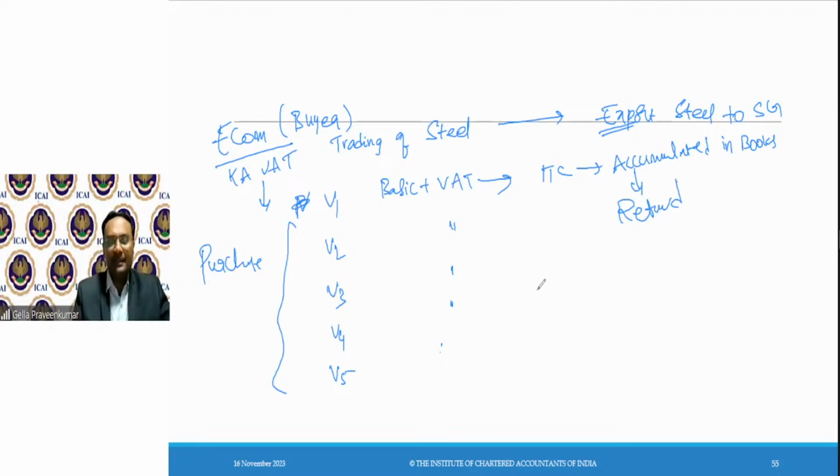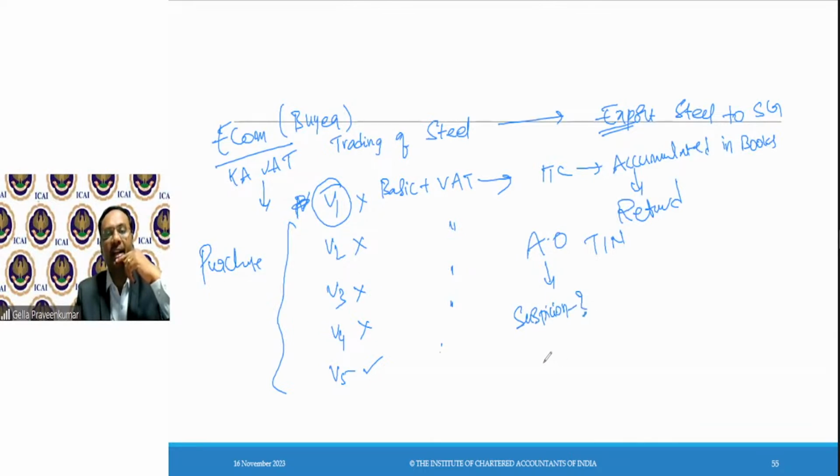Now, the assessing officer verified, based on the TIN number, the tax identification number, the VAT filing status of vendor 1, 2, 3, 4 and 5. Vendor 1 defaulted, vendor 2 defaulted, vendor 3 defaulted, vendor 4 defaulted, vendor 5 alone paid tax. Now, this assessing officer got a suspicion.